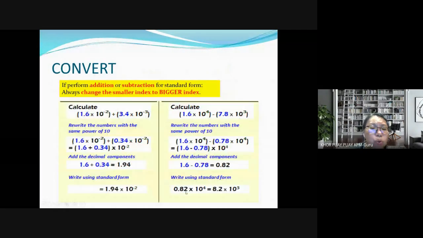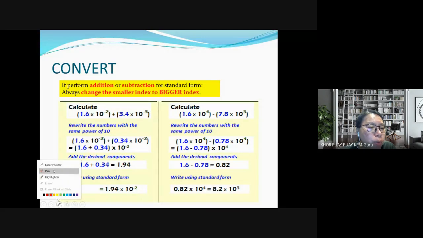Okay, we're going to go on to the next one because we don't have enough time. Now, when you see a standard form plus another standard form, or a standard form minus another standard form, what you do is, our rule is that we must always make sure your index becomes the bigger index. So if they give you -2 and -3, which one is bigger? -2 is bigger.